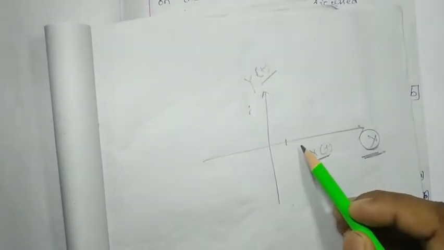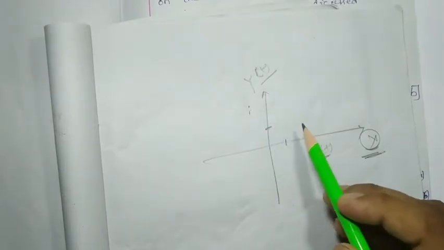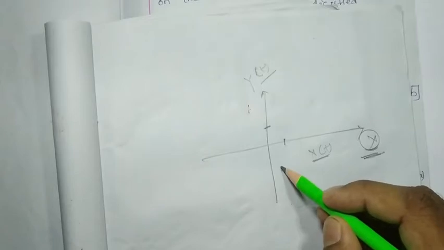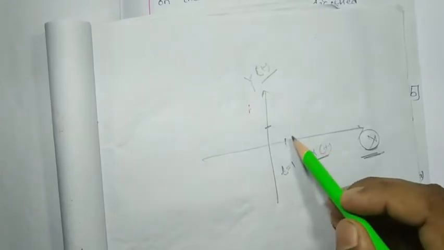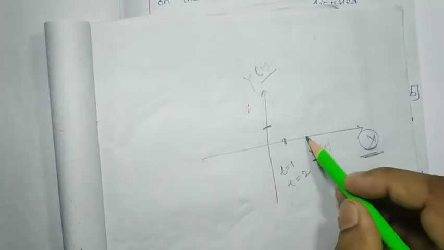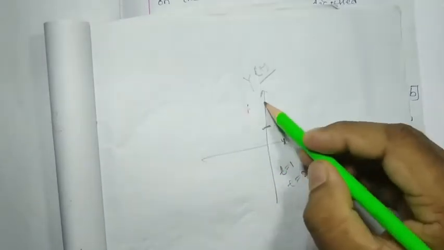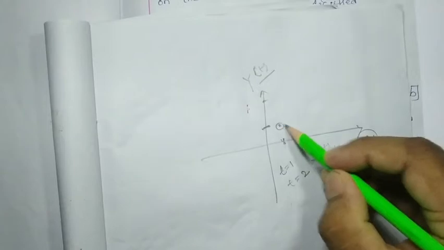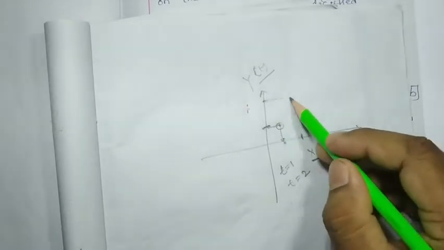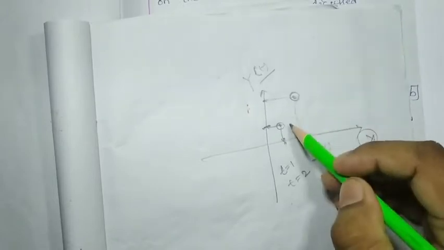Suppose x is here, y is here at a particular time. Another, suppose at time t equal to 1, both x and y are here. At time t equal to 2, suppose x varies to here and y varies to here. So initially the point will be here, then the next second it has moved here.